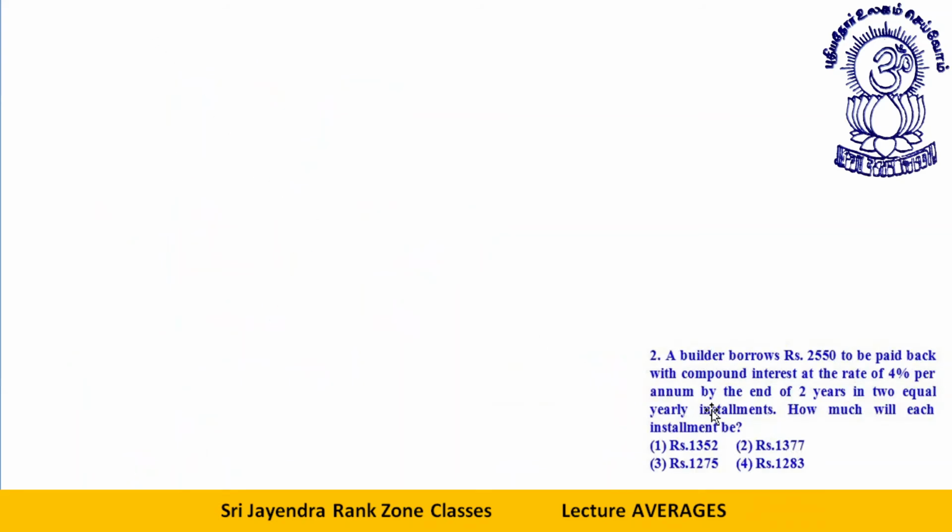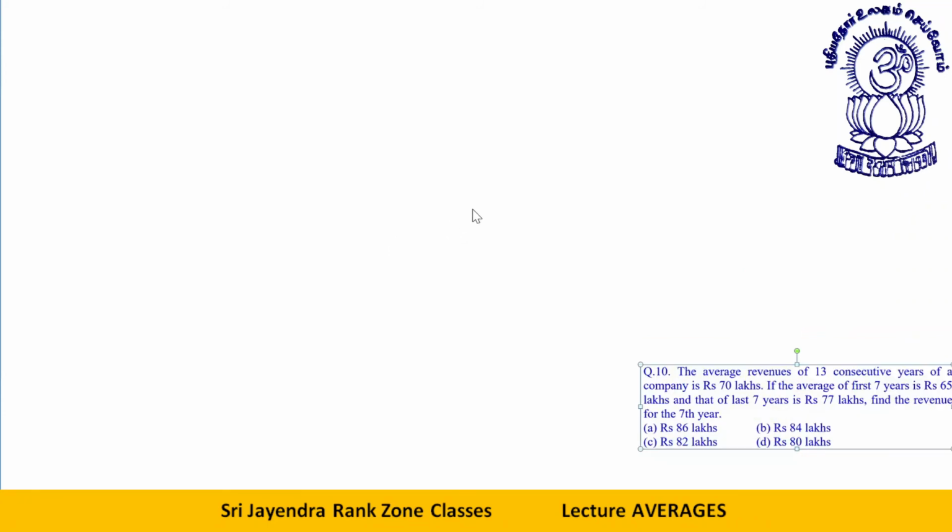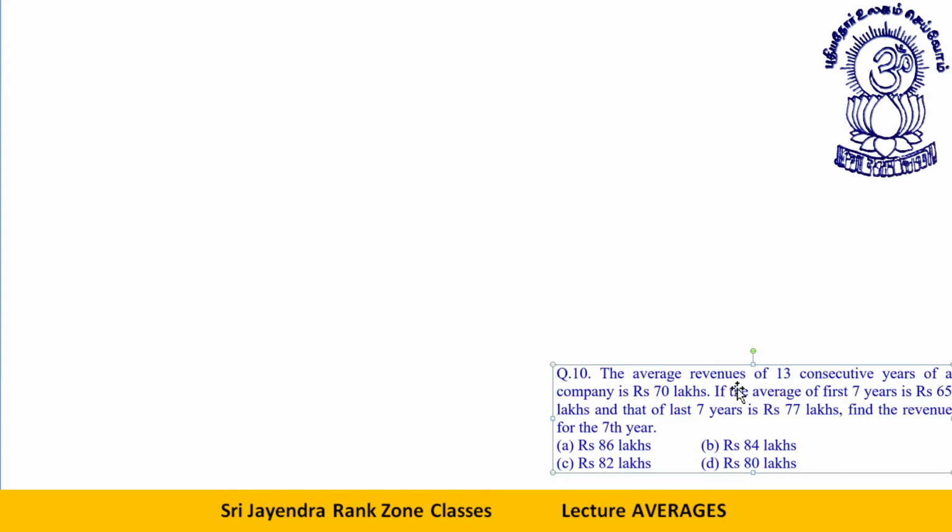Let's proceed further to the next question. The average revenue of 13 consecutive years of a company is 70 lakhs. Okay, let's say A1 to 13 average is 70 lakhs, the average for 13 values.